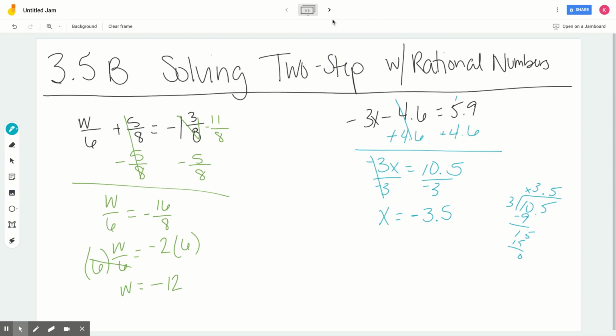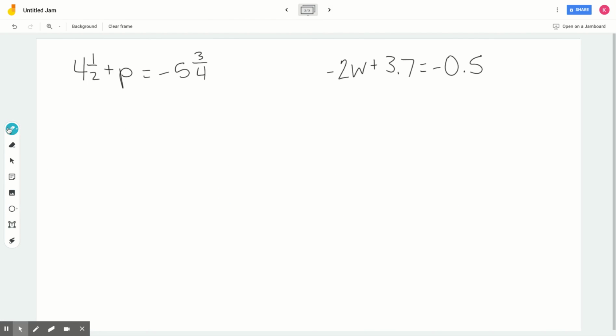Now, let's go ahead and look at a few more. So in this one here, we have 4.5 plus p equals negative 5 3/4. Go ahead and take a try at this one and come back when you're ready to talk about it. There are multiple first steps that you could do to solve this problem. So for me, I'm going to snowball first. So 4 times 2 is 8 plus 1 is 9.